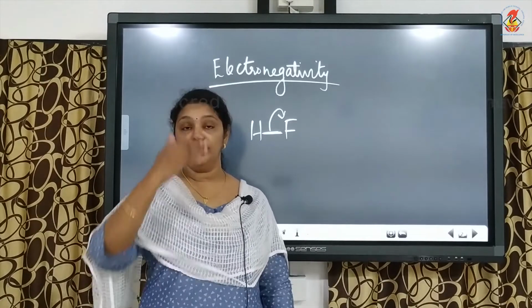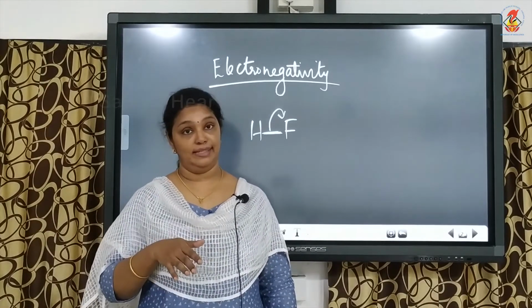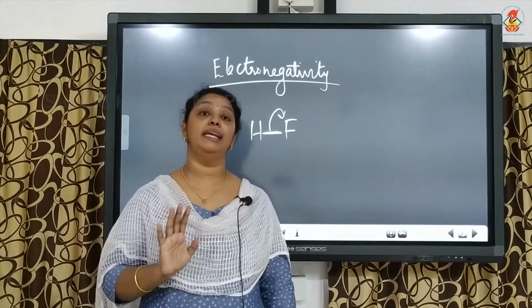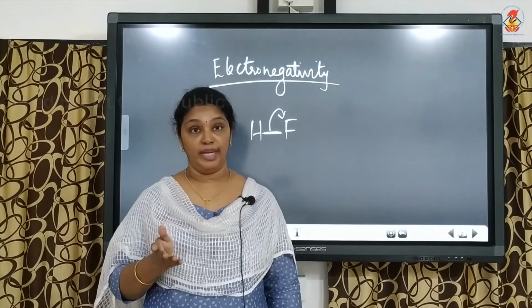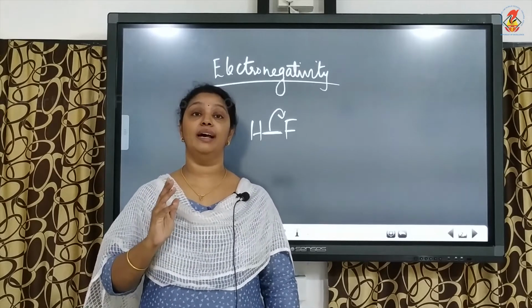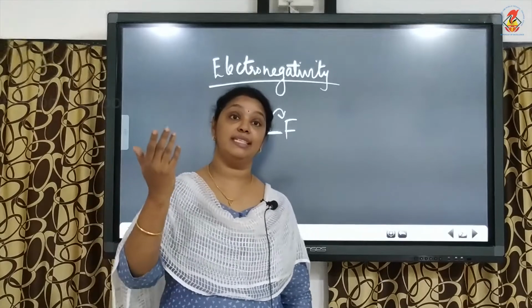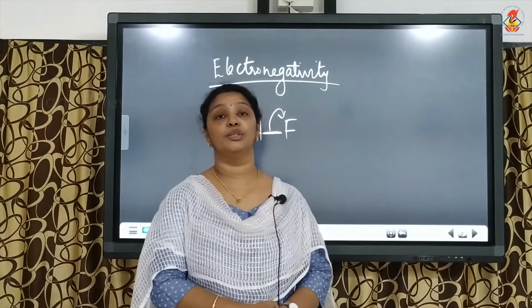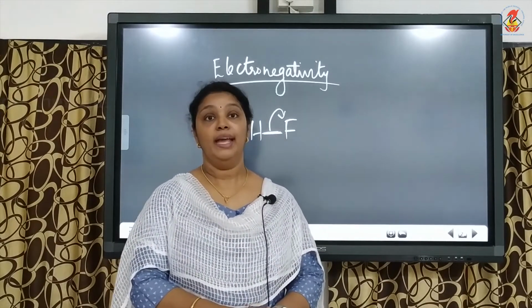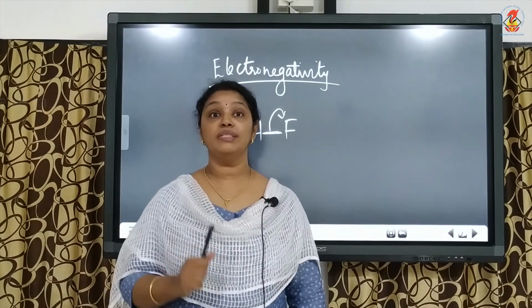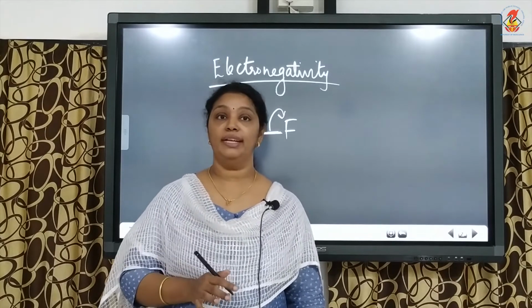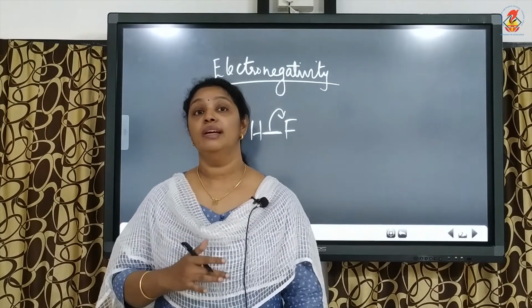Now you know how electronegativity varies? Electronegativity decreases down the group and increases across the period, which means group 1 elements are less electronegative in nature, whereas groups 17 and 16 are highly electronegative. And we know fluorine is the most electronegative element in the periodic table, and next to fluorine it is oxygen.